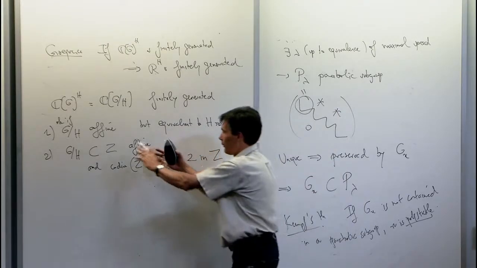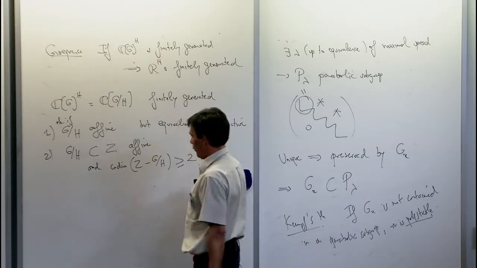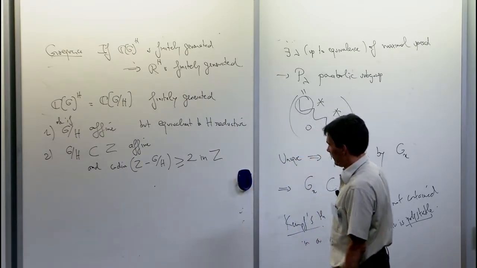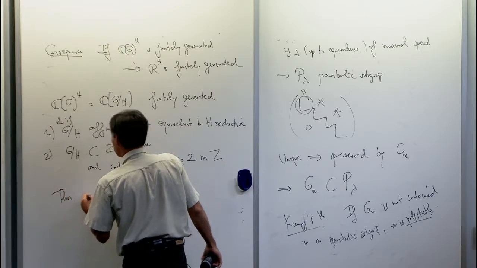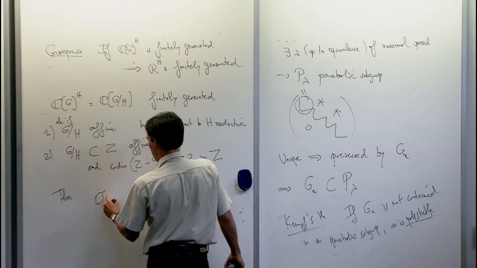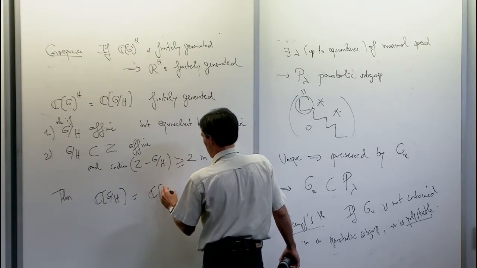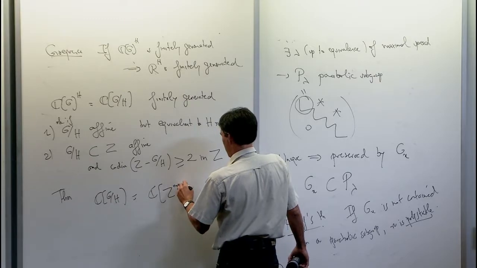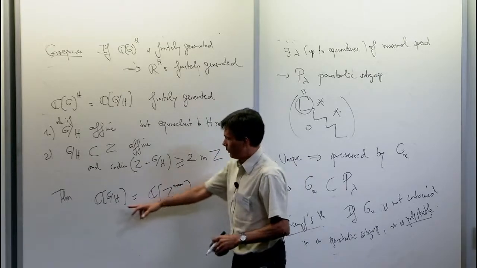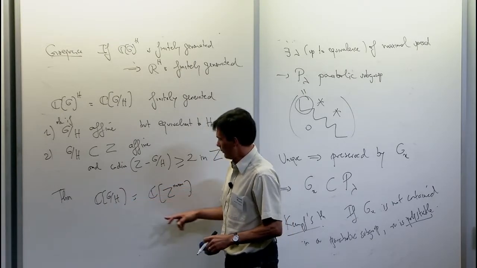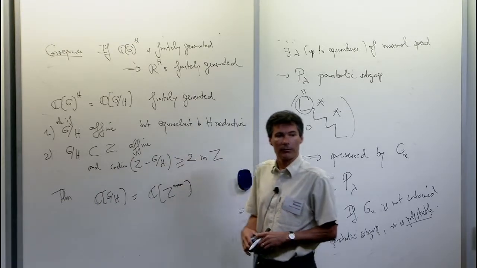So we have this affine variety, we get rid of small subsets, and we get this orbit. Then the same conclusion holds. We have to change Z a little bit, but the space of functions on G/H will be the algebra of functions of the normalization of Z.